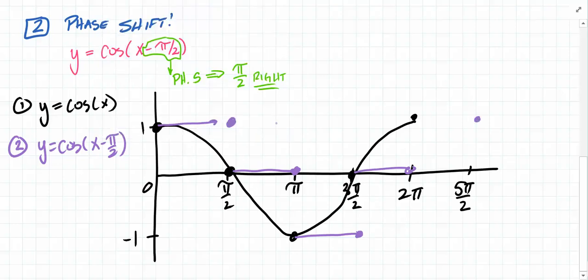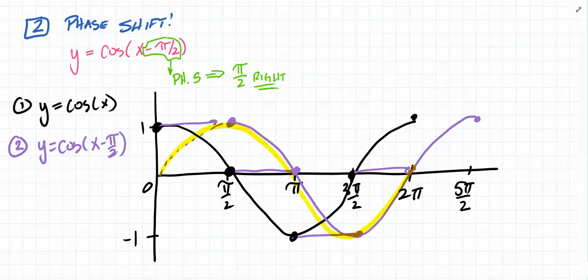That graph should look familiar to you. It's the same thing as the sine, because if I just connected this on back here and highlighted it, notice that I would have just drawn a sine curve. So it should be no surprise that the cosine of x minus pi over 2 is the same thing as sine of x, because it's exactly what we saw on the Desmos as well.